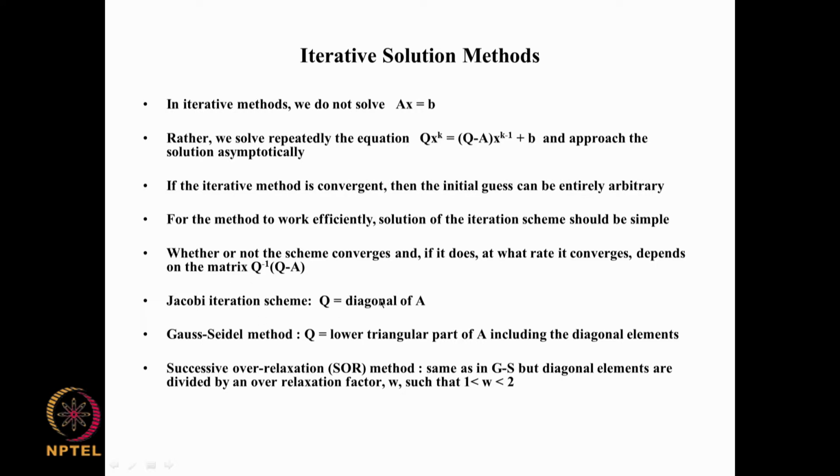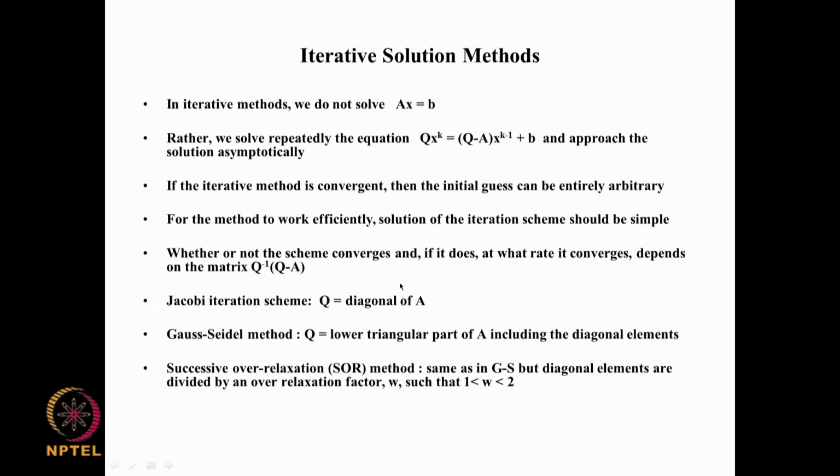And we can show that the Jacobi iteration scheme, when constructed this way, that is taking Q to be the diagonal elements and all the rest zero, is convergent when the weak form of diagonal dominance or the strong form of diagonal dominance is satisfied. Then we know that the Jacobi iteration method will work. If that is there, then we have a convergent scheme and we can make it work.